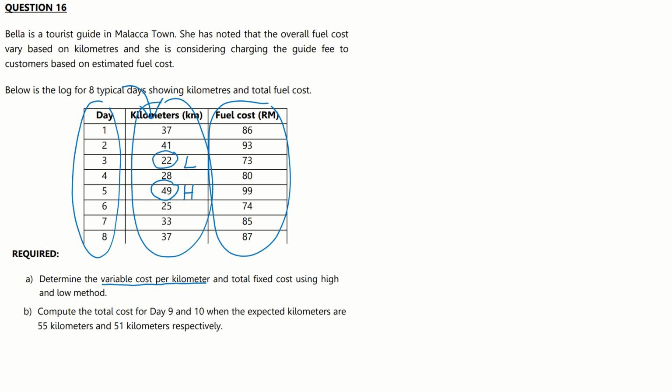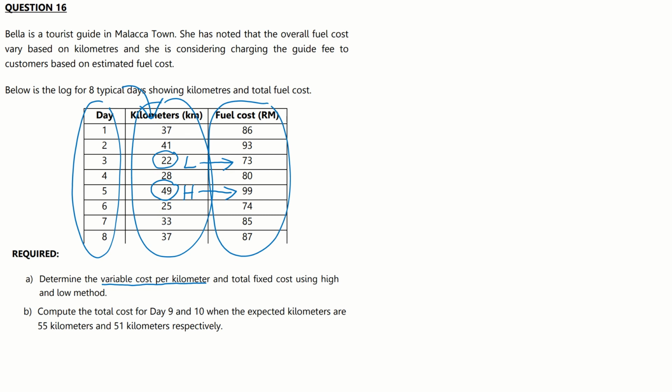Next, from the highest and lowest activity level determined earlier, look at the cost incurred for these two activity levels. Let me put an arrow. The highest activity level indicates 99 ringgit fuel cost and the lowest indicates 73 ringgit fuel cost.